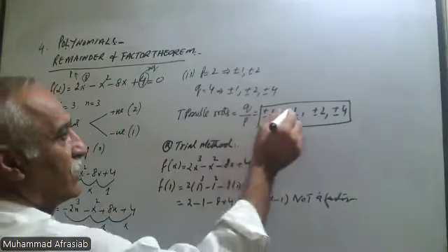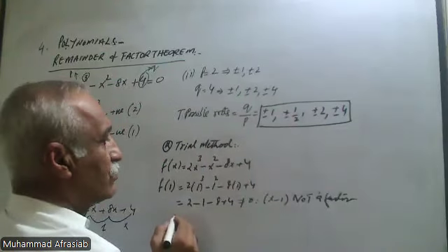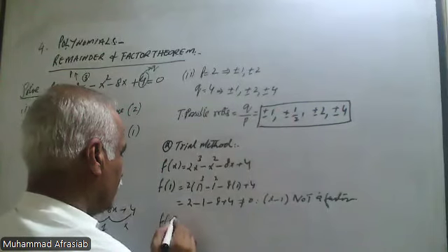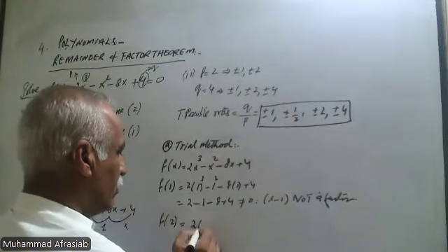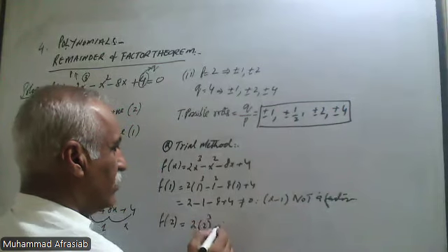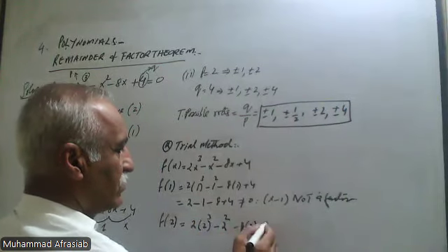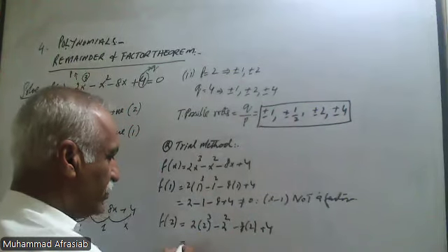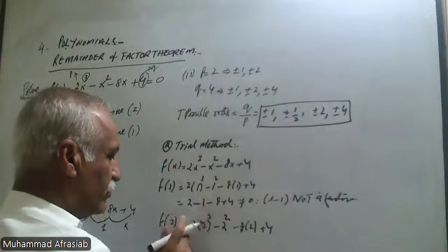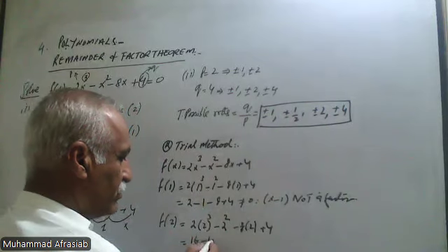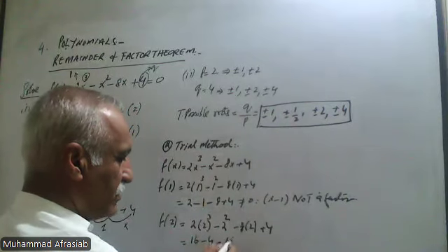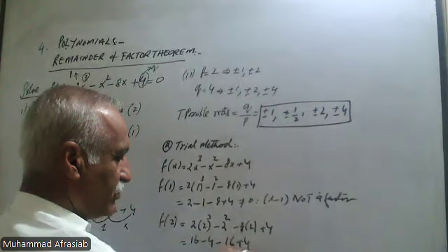Then you try plus 2. So f of 2 is equal to 2 into 2 cube minus 2 square minus 8 into 2 plus 4, which is equal to 8 into 2 is 16, minus 2 twos are 4, minus 8 twos are 16, and plus 4.